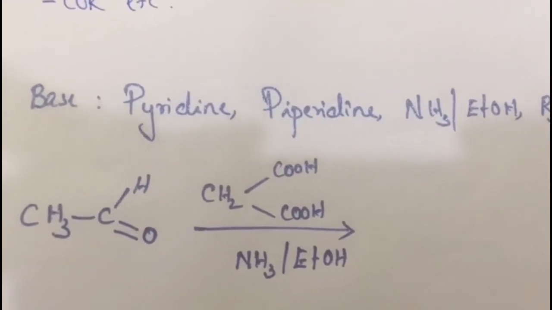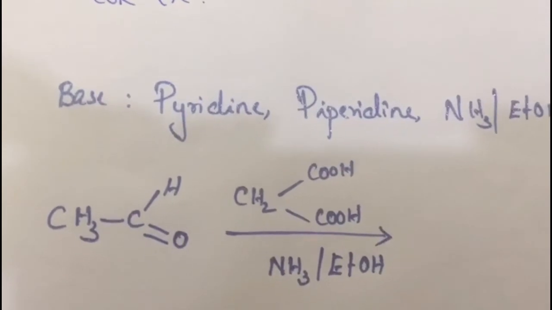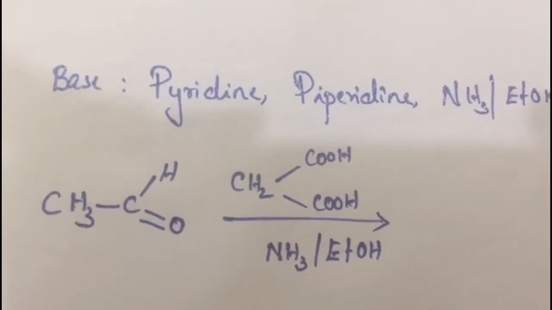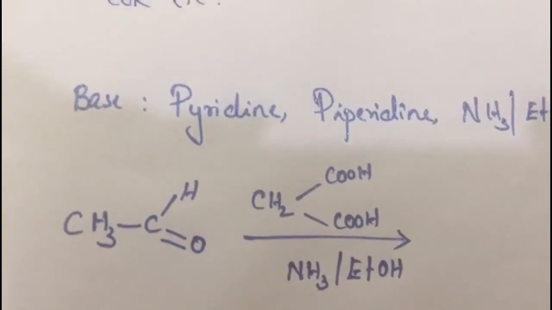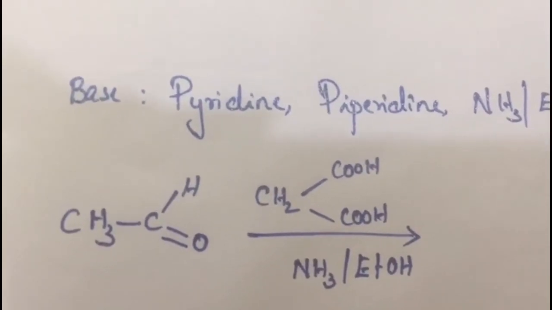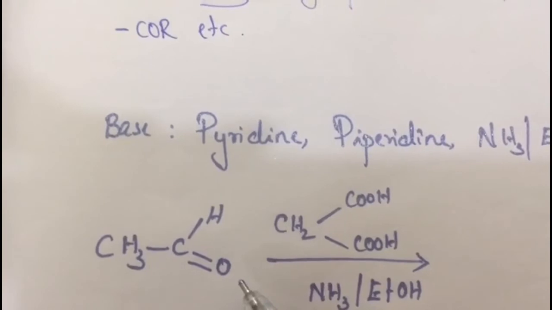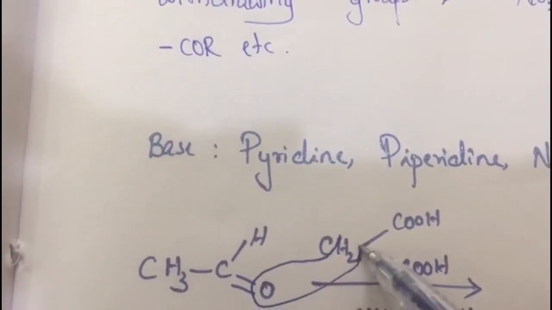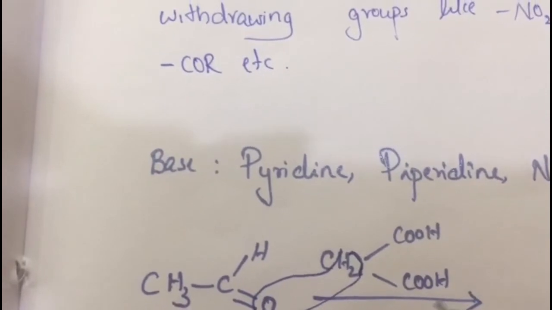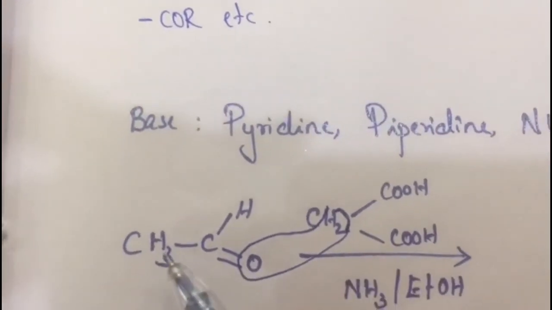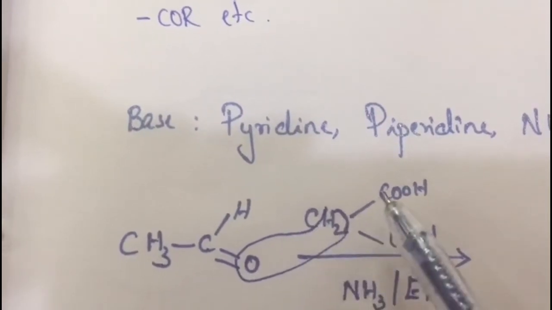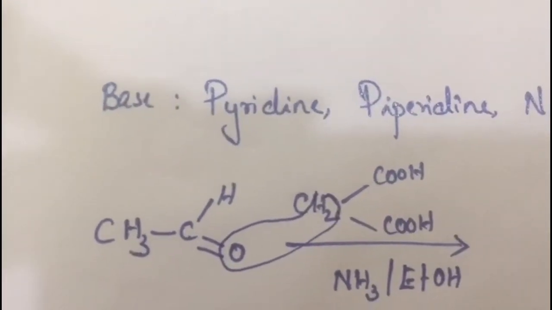Now let us discuss another example. Acetaldehyde, CH3CHO, with malonic acid in the presence of ammonia in ethanol. Now let us see what product is formed here. Here also water will be removed from this compound. So here H2 and oxygen, water will be removed, and the product will be CH3CH=C(COOH)2.